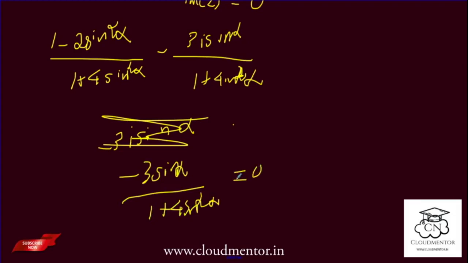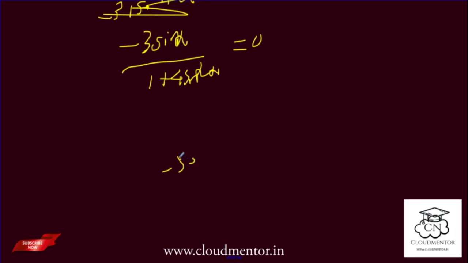Cross multiplying, we get minus 3 sine alpha equal to 0. That means sine alpha must be equal to 0.